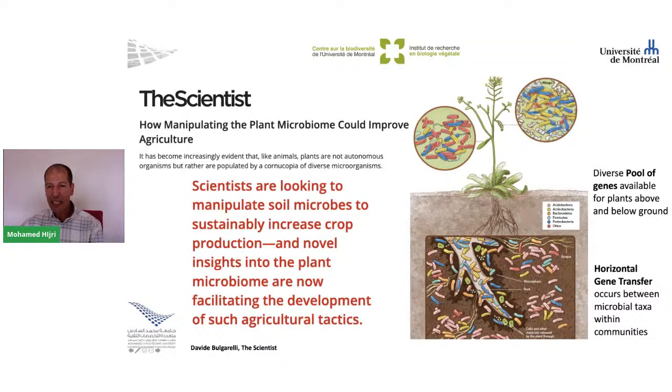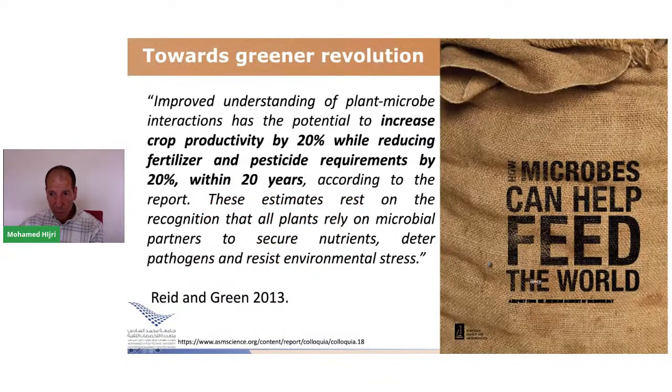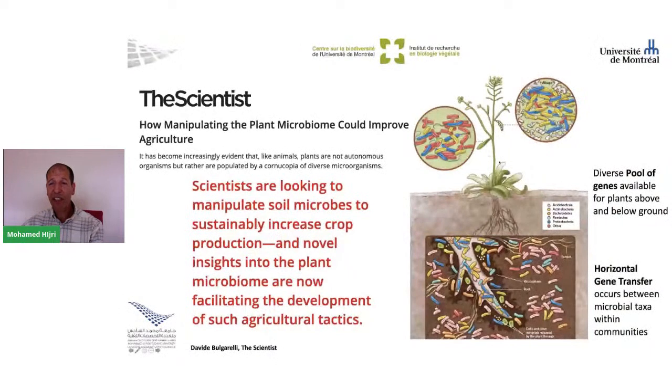In this scheme, which nicely represents all the communities that we have, I have shown the phyllosphere communities and the rhizosphere communities. For us as microbiologists, we see that the plant has an extremely complex genetic pool available to it.